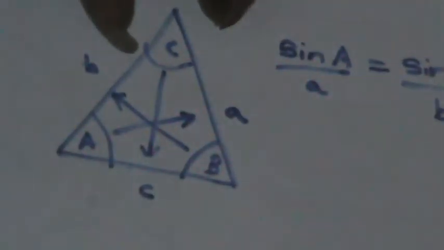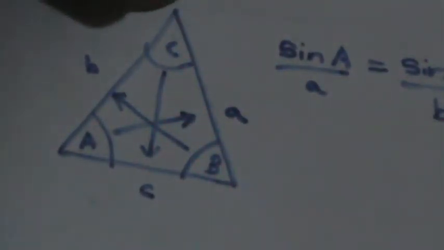Some books write this as k, where k is not equal to 0, but that is not actually necessary, though you can take it. So this is the sine law for a triangle.